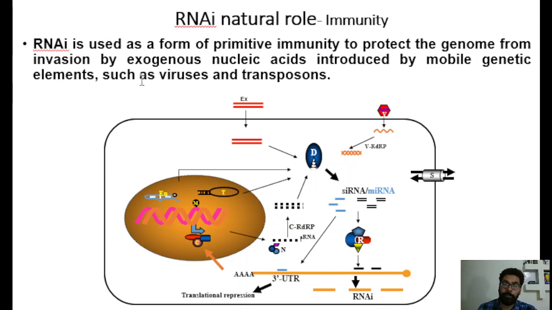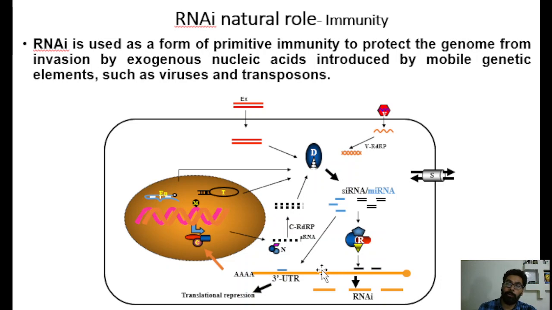So what are the different roles of RNAi? The first and important role of RNAi is immunity to plants. This system basically developed as the immune system, where any foreign genetic material entering the cell will be recognized, and it leads to the formation of double-stranded RNAs, which are recognized by the RNAi machinery and chopped off.